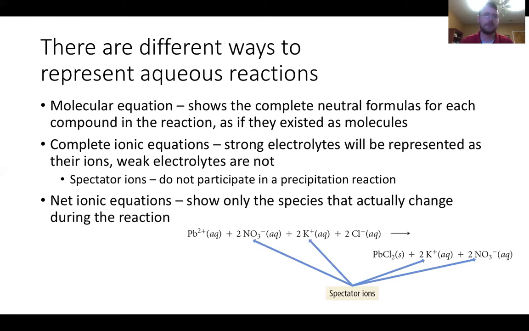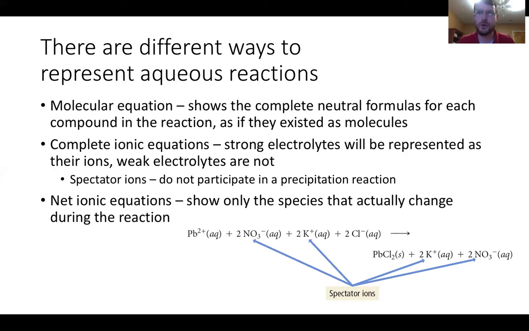So that's the molecular equation, and then you get the complete ionic equation. That is strong electrolytes: in water, strong electrolytes will be completely dissociated, so they don't actually look like the molecular compounds that we draw them as in solution. Then we're going to talk about spectator ions, and how we draw a net ionic equation.